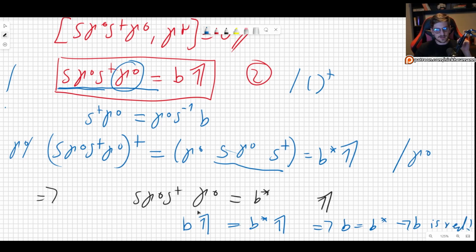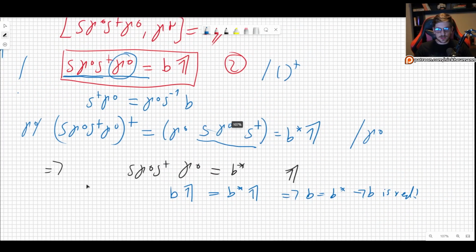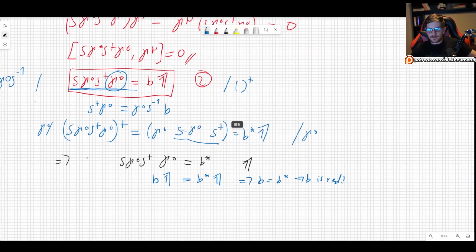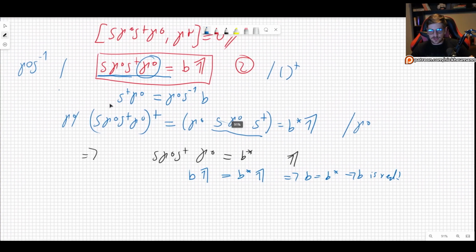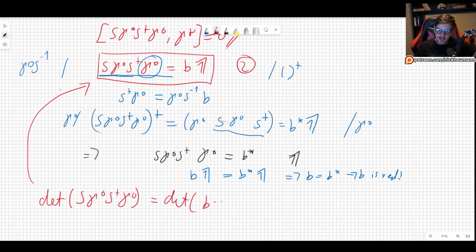That's very good information, and a good step. We have found some information, and now we can continue. Another way in which we can get good information is by using the determinant. The determinant of S gamma 0 S dagger gamma 0 is equal to the determinant of B times the identity matrix.